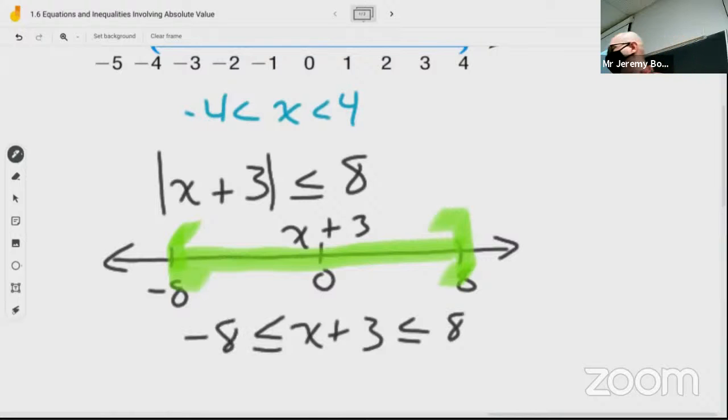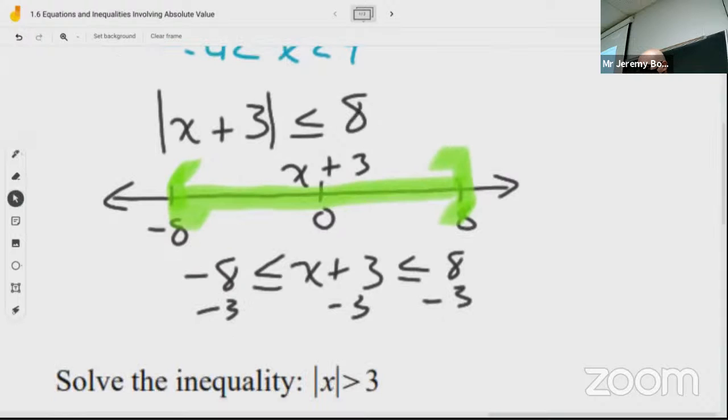So my absolute value inequality, or my better way to say it, the inequality with an absolute value becomes a combined inequality here. And we just solved that like we learned in 1.5. We're going to subtract 3 from all the parts.